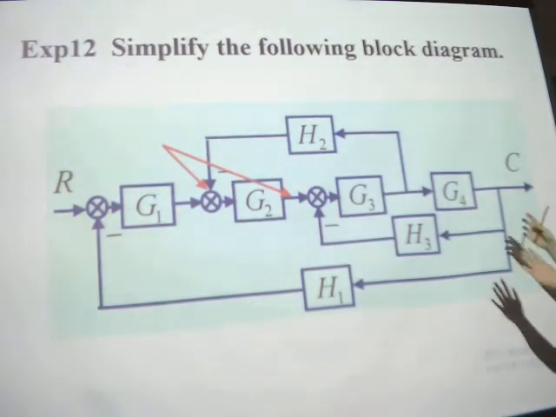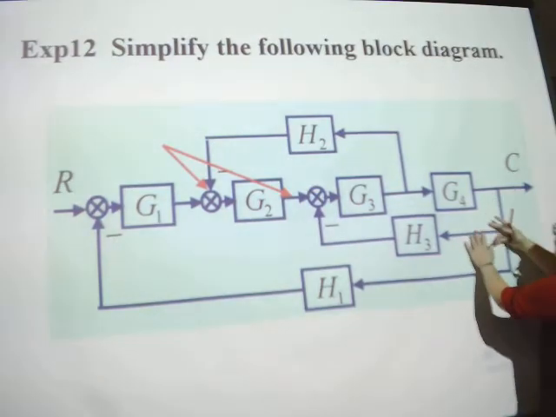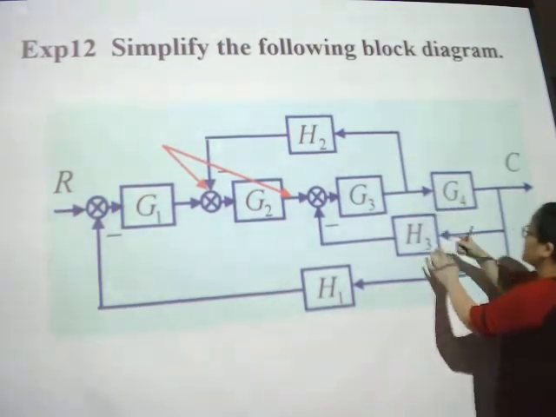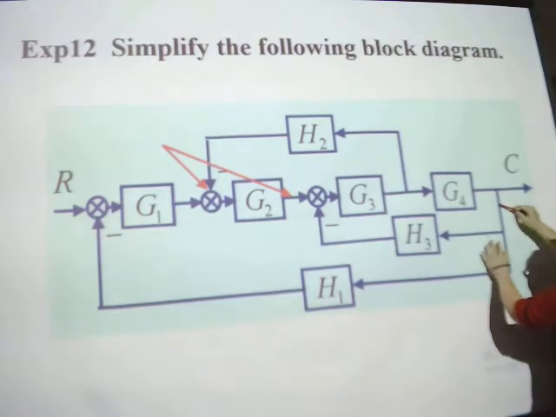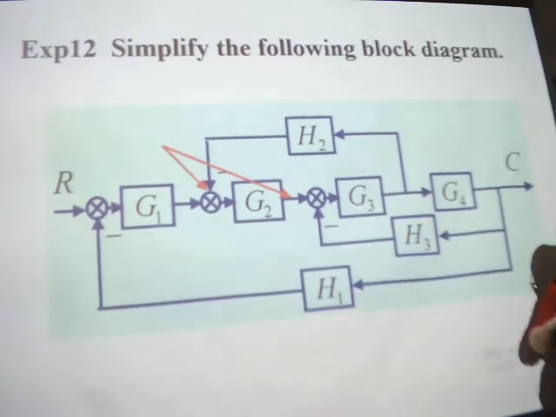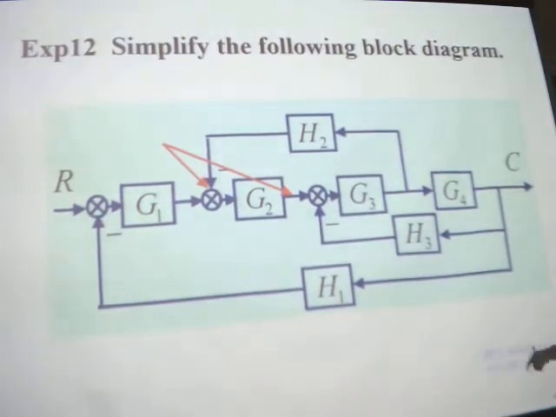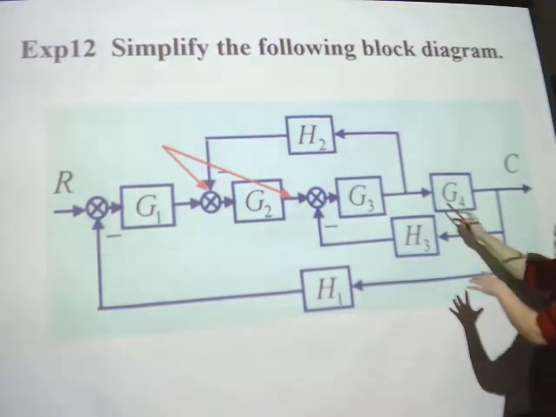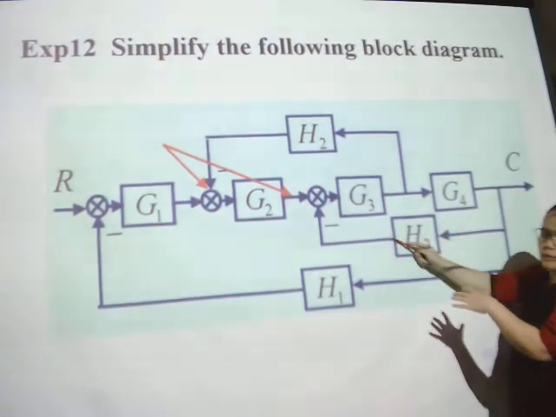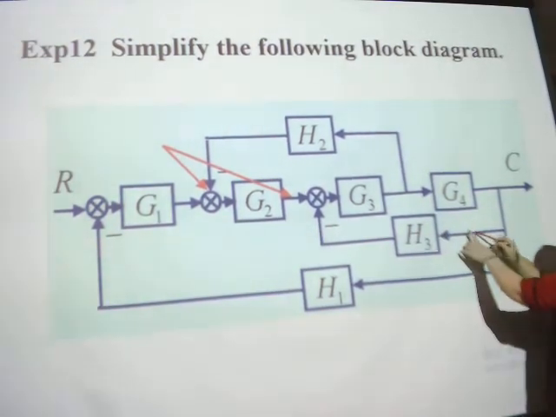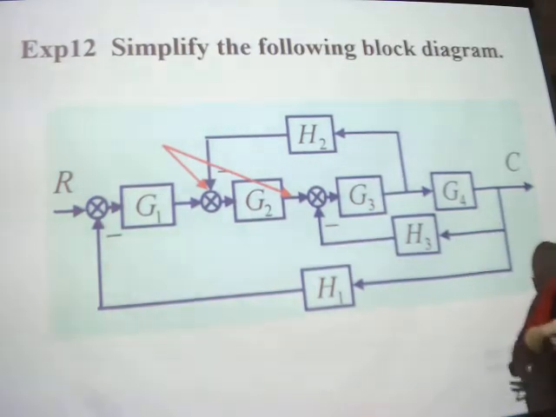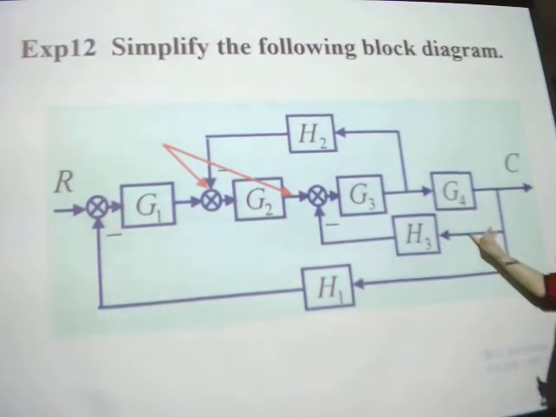In fact, if we change these two positions, this arrow is kept, and this arrow we should move to this place, and then we should change this arrow.